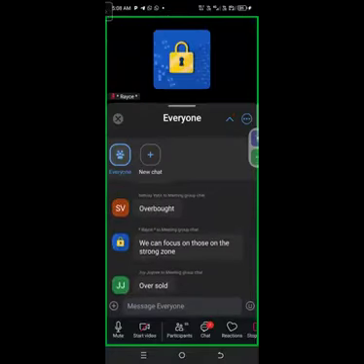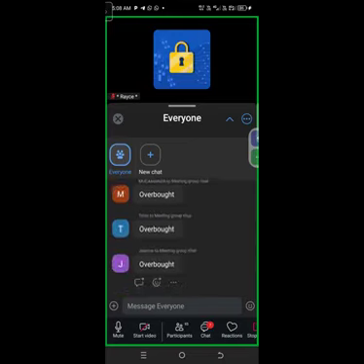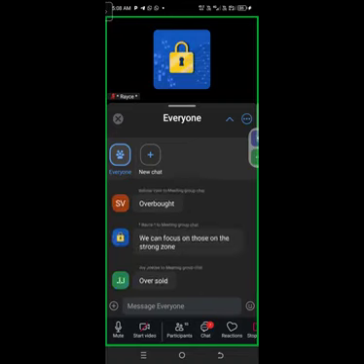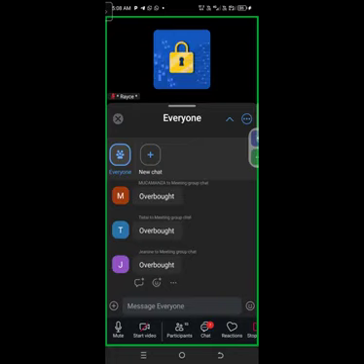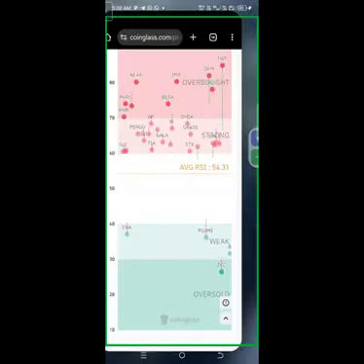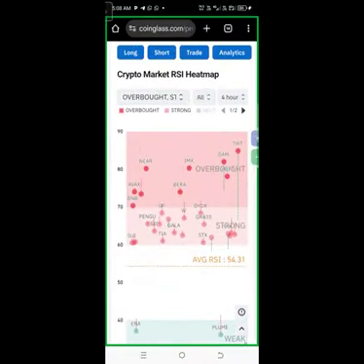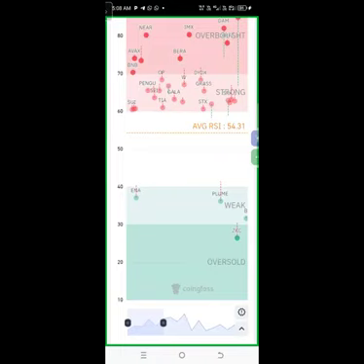Okay, overbought area. Okay, all right, then let's go. So the masters are saying we should go on the overbought area. All right, let's proceed then. Since we should spot out opportunities in the overbought area, we have all the assets here.